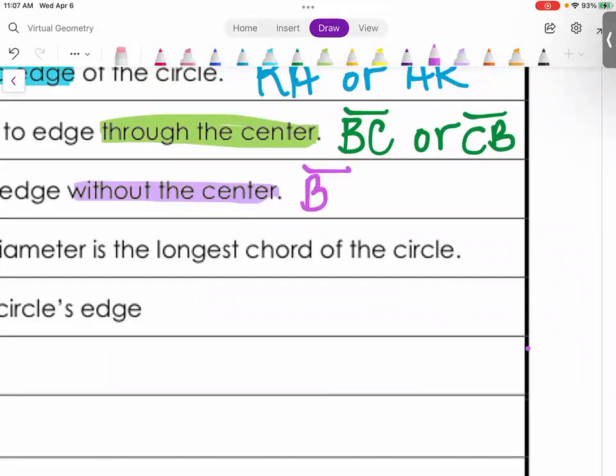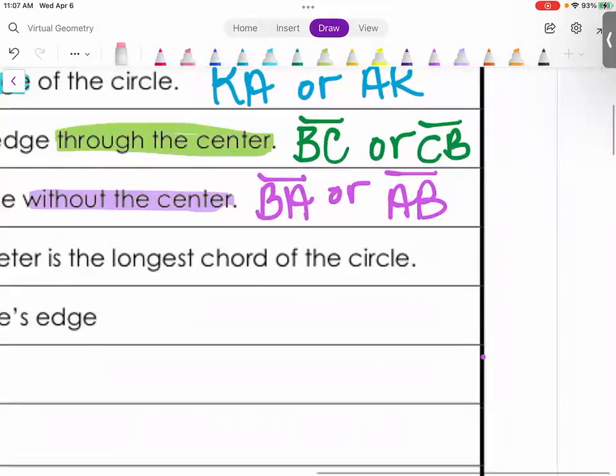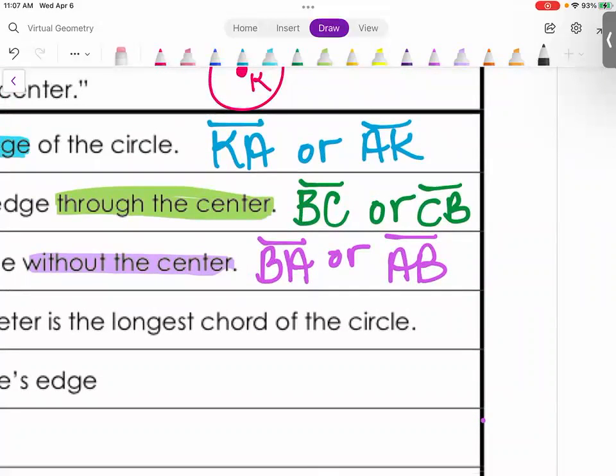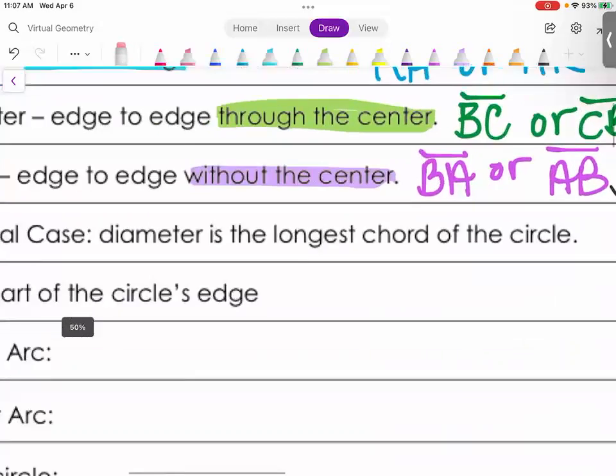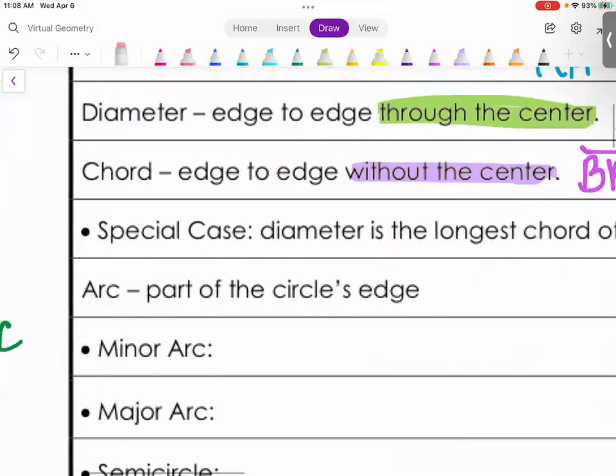So segment BA, again, could be reversed, segment AB. These are all types of special segments inside our circles. Okay, they're all segments.